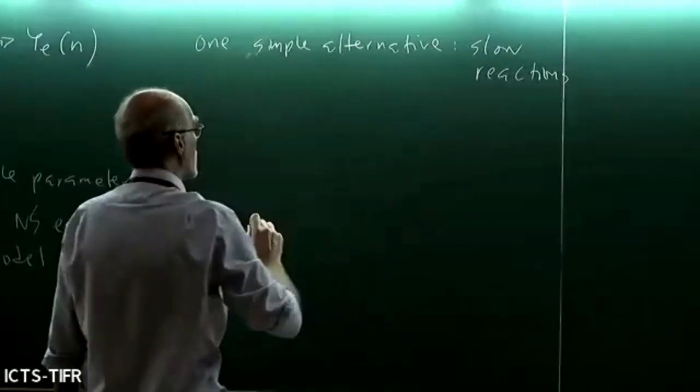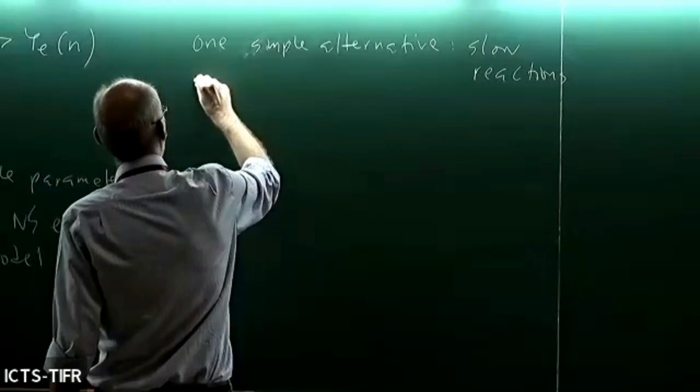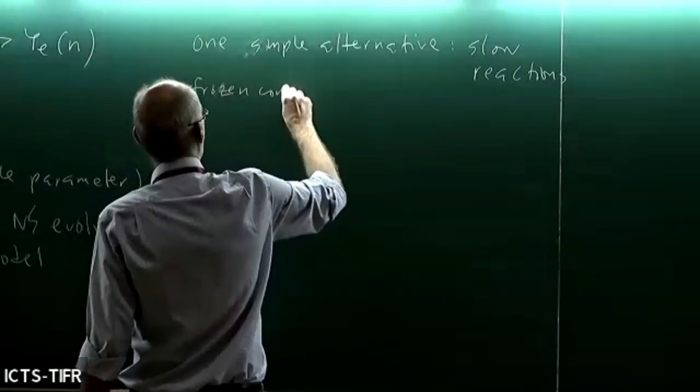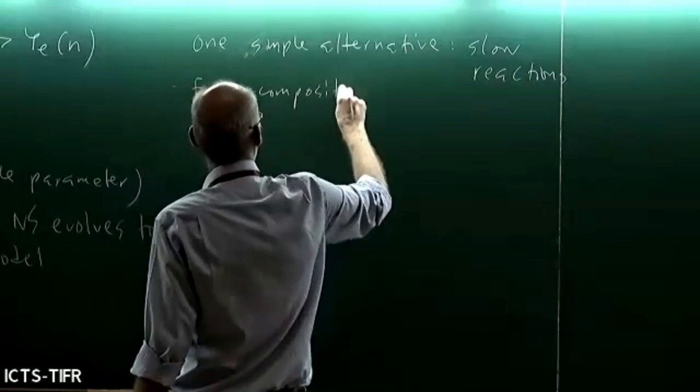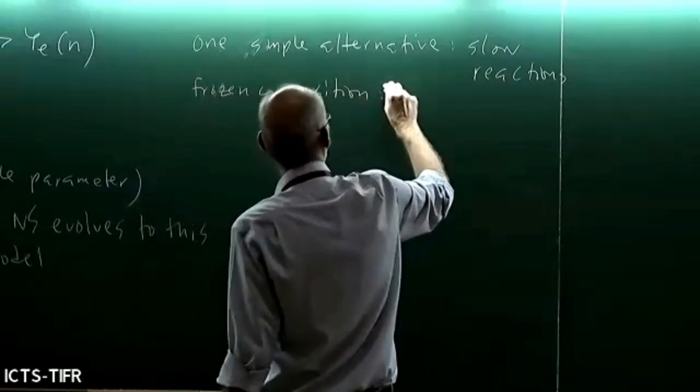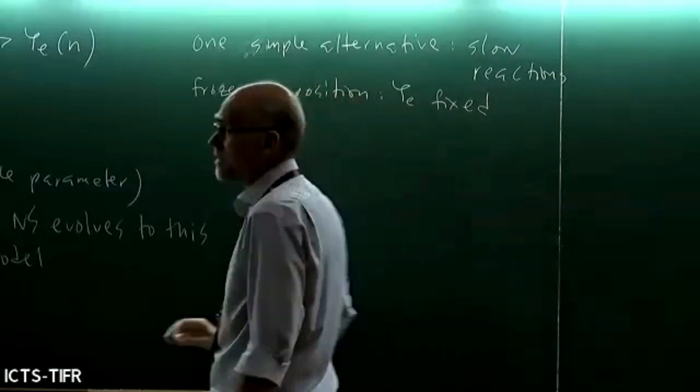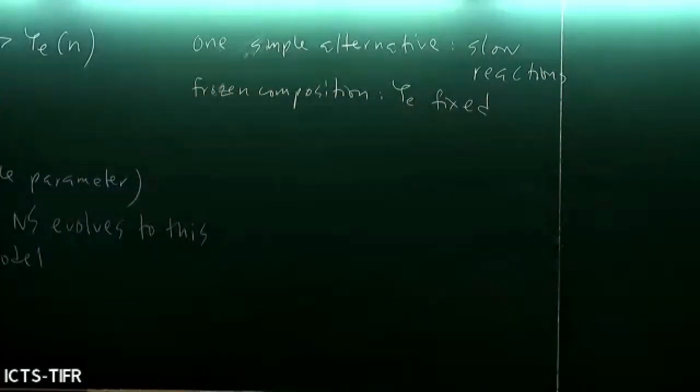So if the reactions are slow, it effectively fixes the value of this lepton fraction. It's the same. Okay? Now, there are many mechanical analogs of this you can come up with.